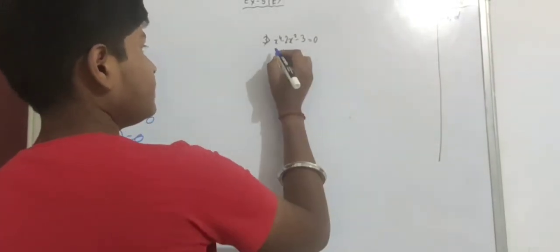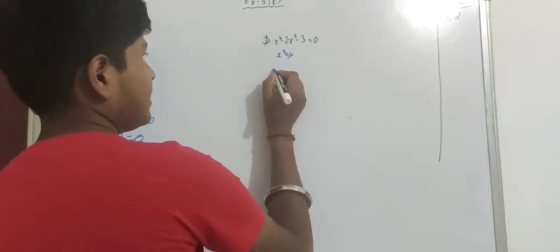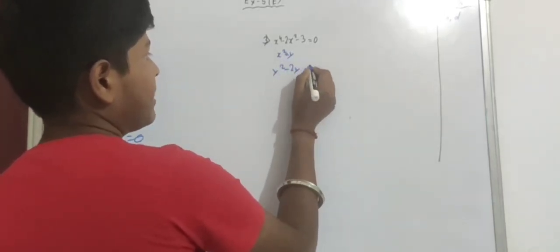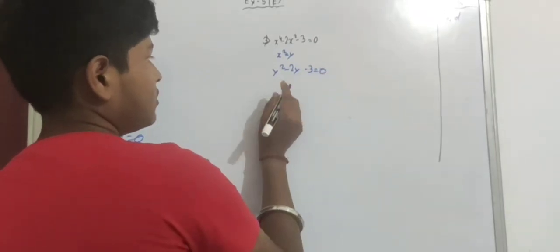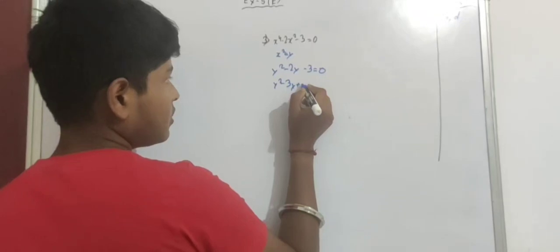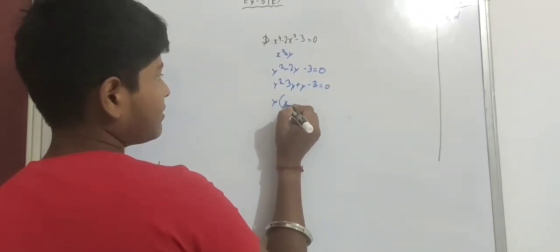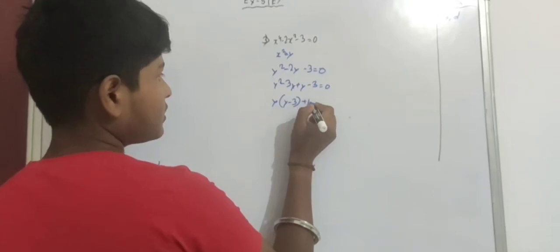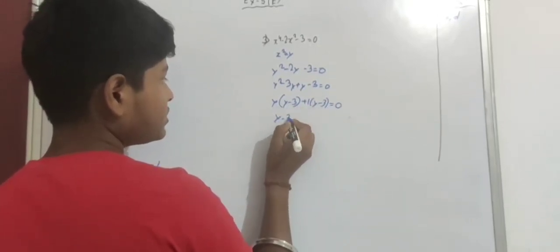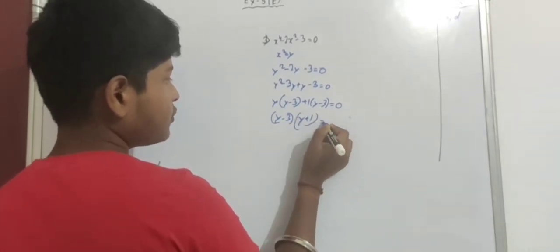Now do number 3. Let x square equals to y. We have y square minus 2y minus 3 is equals to 0. Splitting it, we have minus 3y plus y minus 3 is equals to 0. Taking y common, y minus 3 plus 1, y minus 3 is equals to 0. So y minus 3 and y plus 1 is equals to 0.